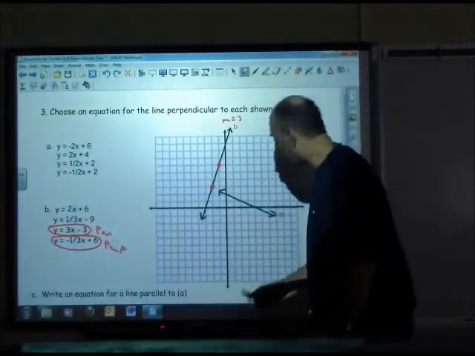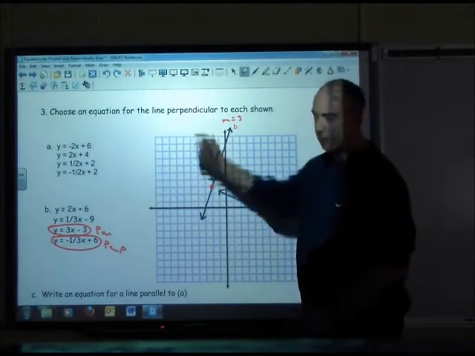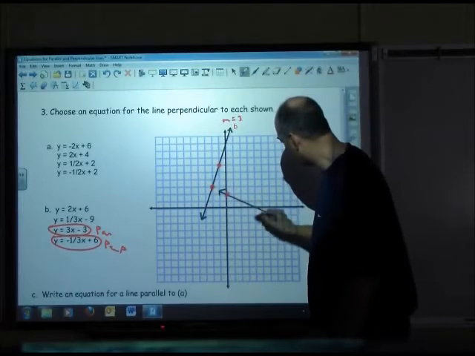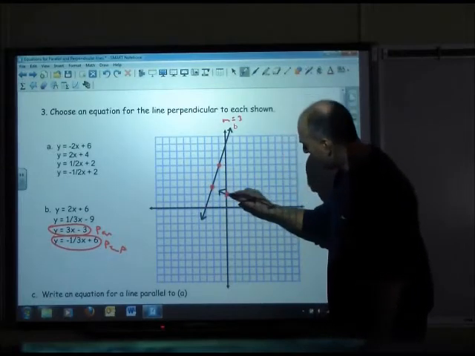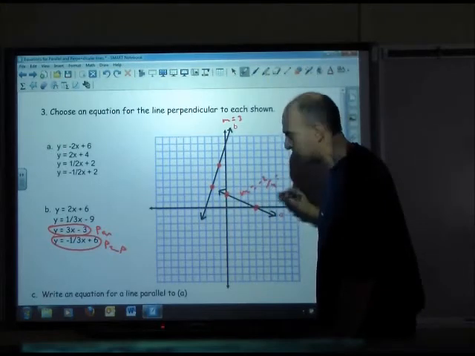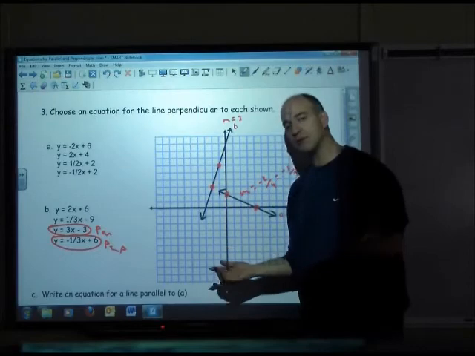But again, you've got to find your slope to be able to look for the slope you're looking for in this particular problem. So this slope is negative. Take a couple corner points, corner point, corner point. I'm going down 2/4. So negative 2/4, which reduces to negative 1/2. Parallel, same slope.